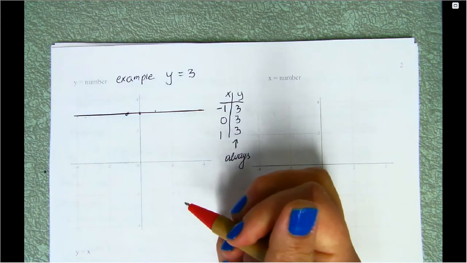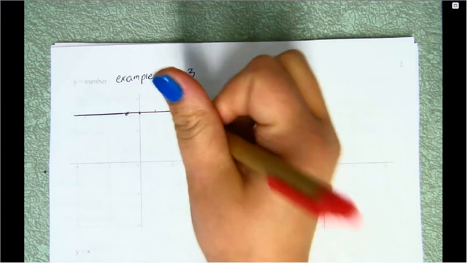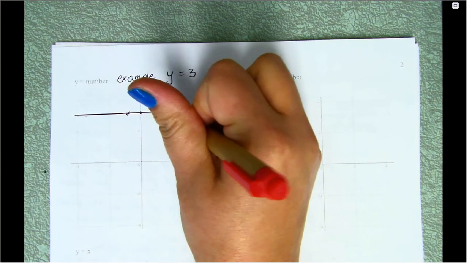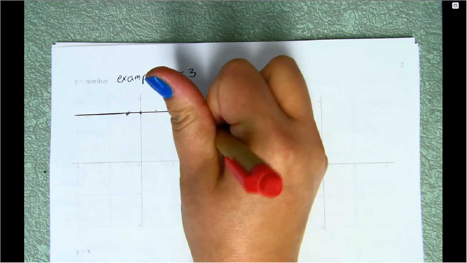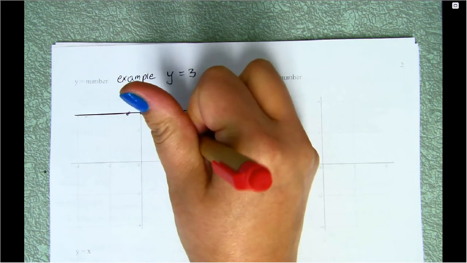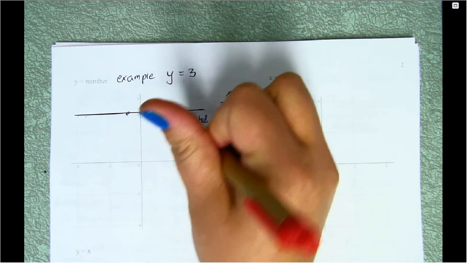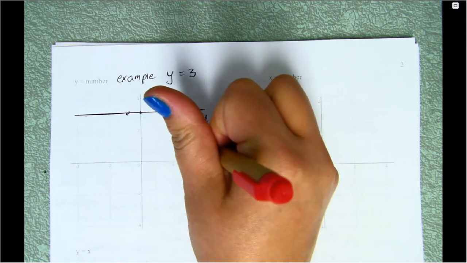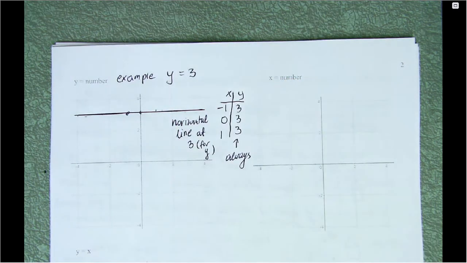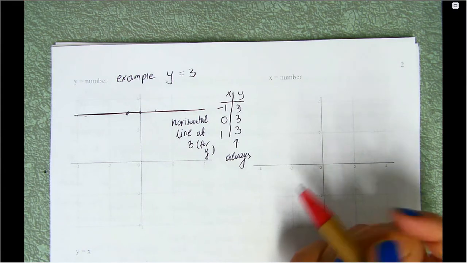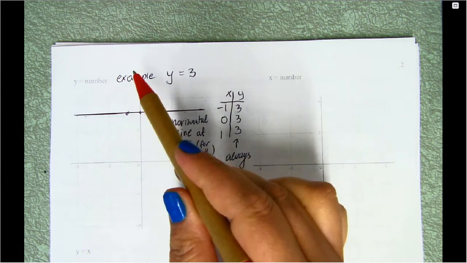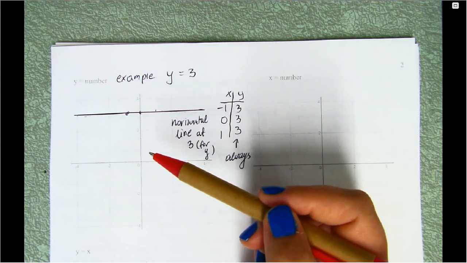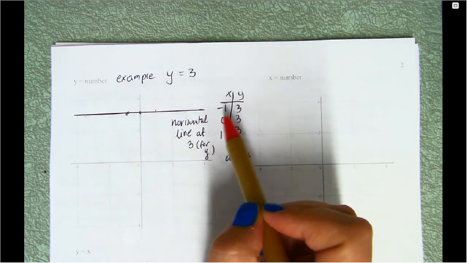It is a horizontal line at 3 for y. It's kind of weird because when you think about y, you're always thinking up and down. Actually, when y is a number, that means it's a horizontal line.